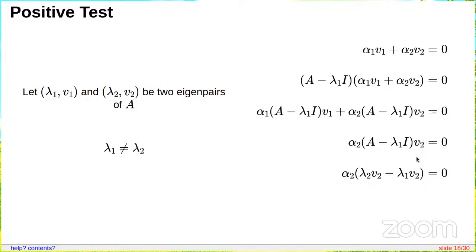Sir, what exactly are we trying to do here? We are trying to prove that V1 and V2 are linearly independent. Okay, sir. So we need non-zero coefficients. That's what. Right? Exactly. Yeah. Okay. So next step.